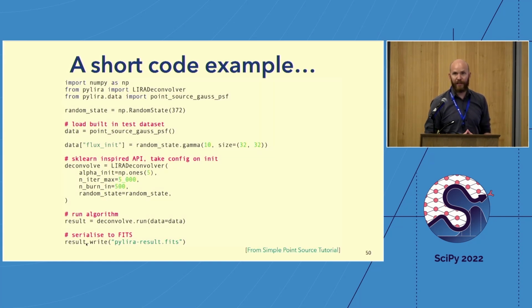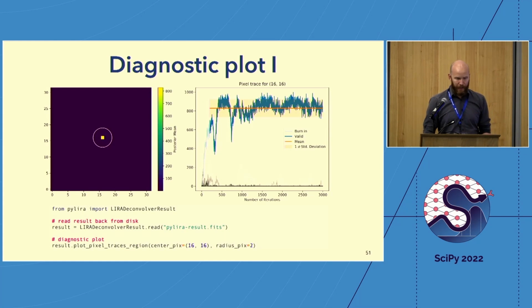This is a file format, of course, that is very common for astronomy. Then Pylira implements a few little convenience methods like diagnostic plots. So here's one thing that you can do. Based on this LIRA deconvolver result, you can plot, for example, the trace of an individual pixel in the sampling process. This is what is shown here. So it shows the trace of the center pixel in blue, and it also shows the surrounding pixels in gray.